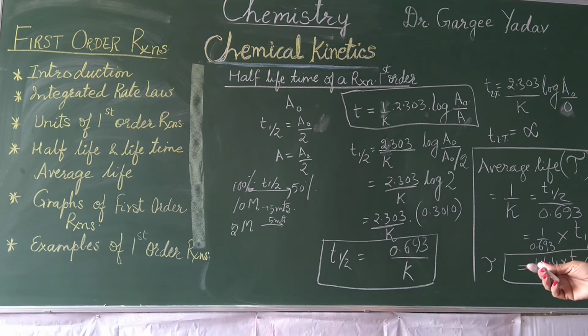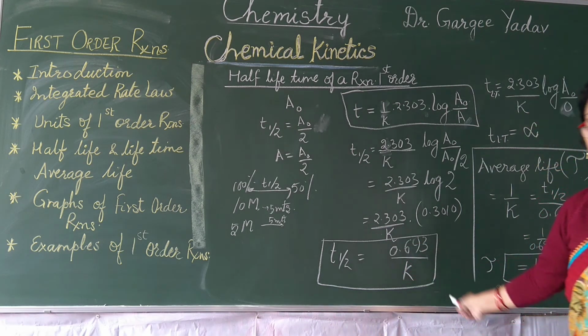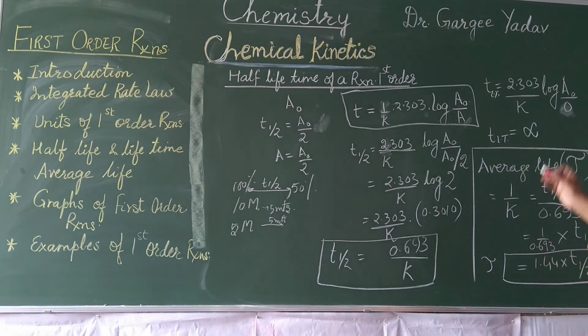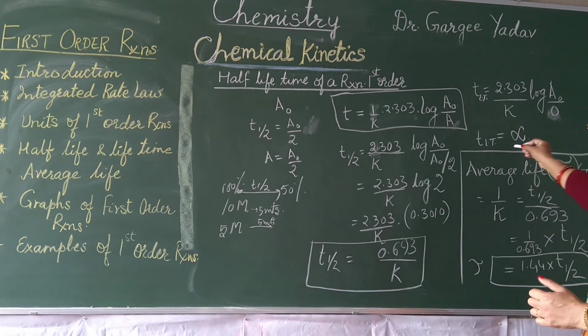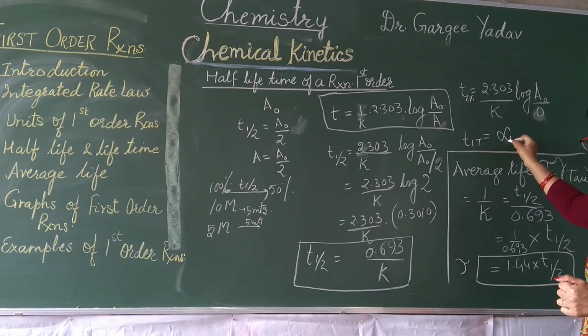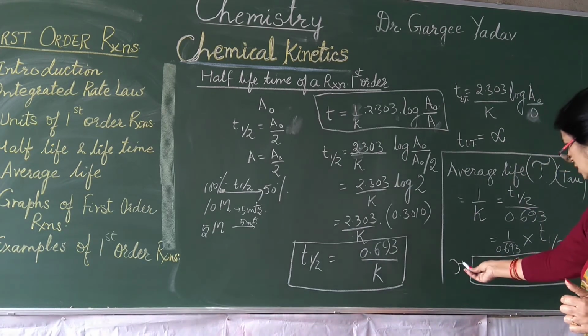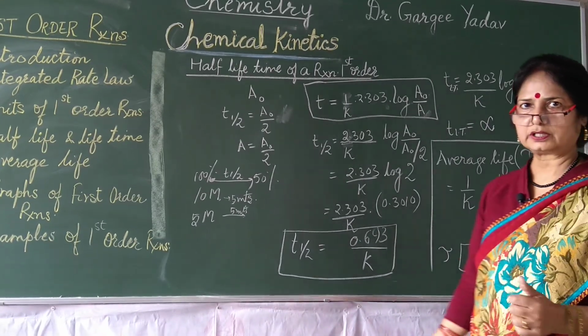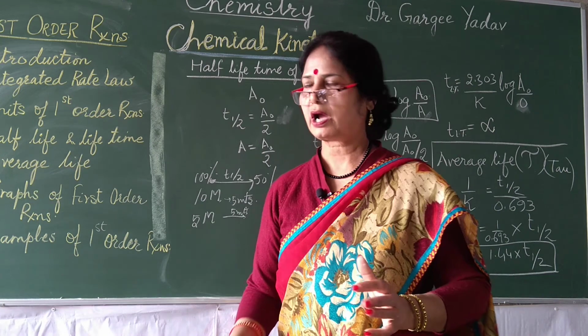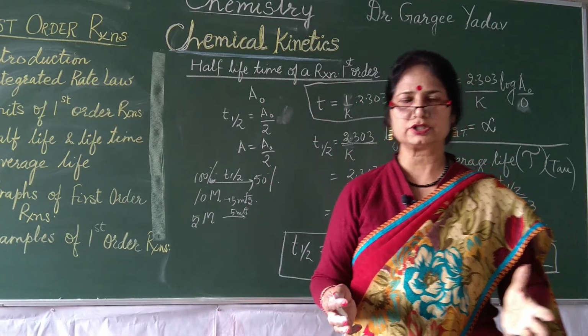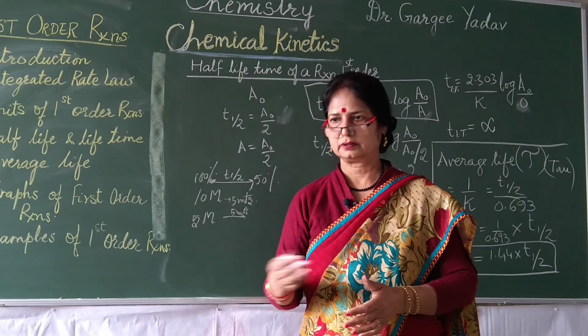The most important concept being that the half life is independent of the initial concentration, as I have told you here, and the lifetime of a reaction of a first order is infinity, means it is never 100% completed. And the third thing is the relation between the average life and the half life. So I will tell you in my next video about the graphs of first order reaction. I will tell you in my next class.